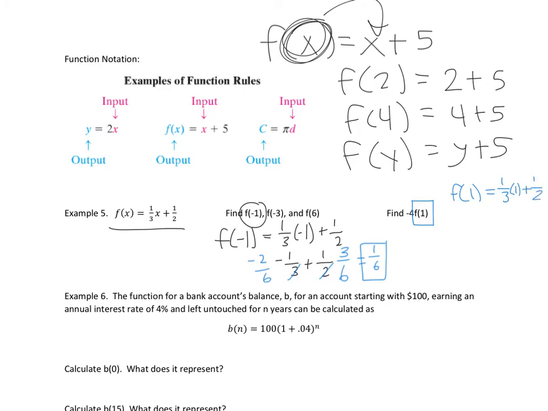So this is going to be 2/6 plus 3/6. So f of 1 equals 5/6. But now remember, it's negative 4 times f of 1. So it's negative 4 times 5/6. So I'm going to multiply my numerators. Negative 2 times 5 is negative 10, and my denominator is 3. So it's negative 10/3.